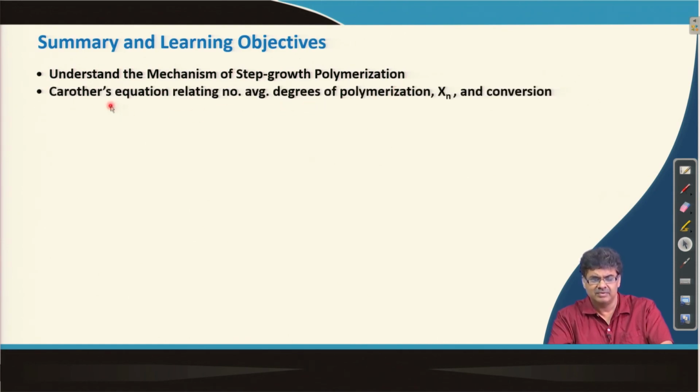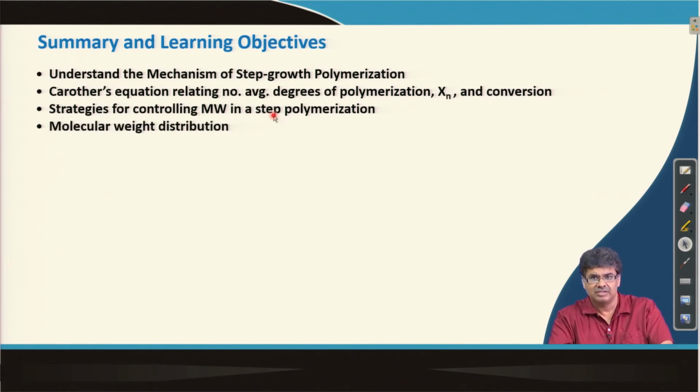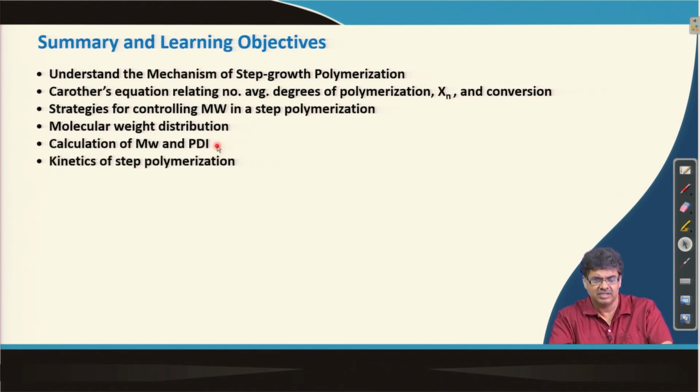The student should be able to relate the degree of polymerization with conversion, and should know how the molecular weight or degree of polymerization in linear step polymerization can be controlled using stoichiometric imbalance or a chain stopper, and the molecular weight distribution expression in linear step polymerization, and how to calculate molecular weight and PDI, or polydispersity index, or the dispersity.